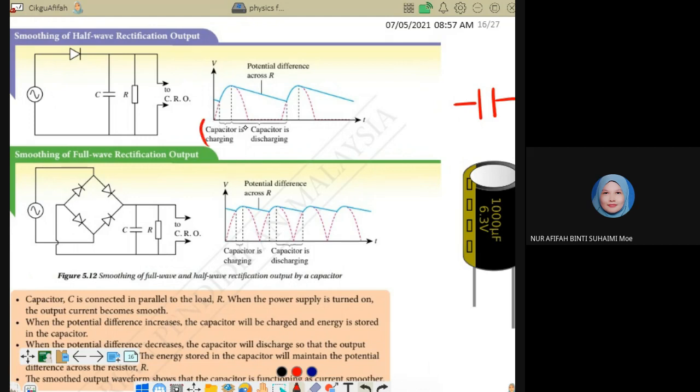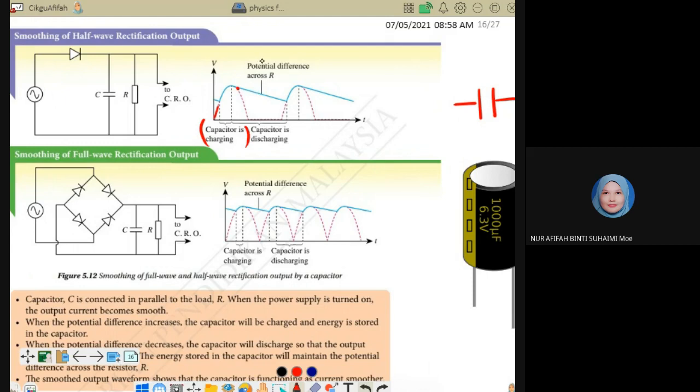Okay, and then the capacitor will discharge when the potential difference decrease. Dia dah nak turun, bila nak turun, okay, nampak yang tadi yang pink ni, dia nak turun, and at this time the capacitor will discharge and will not allow the voltage to become zero.